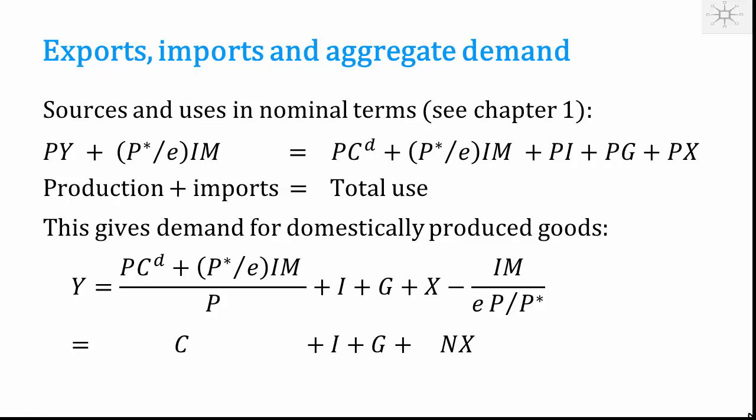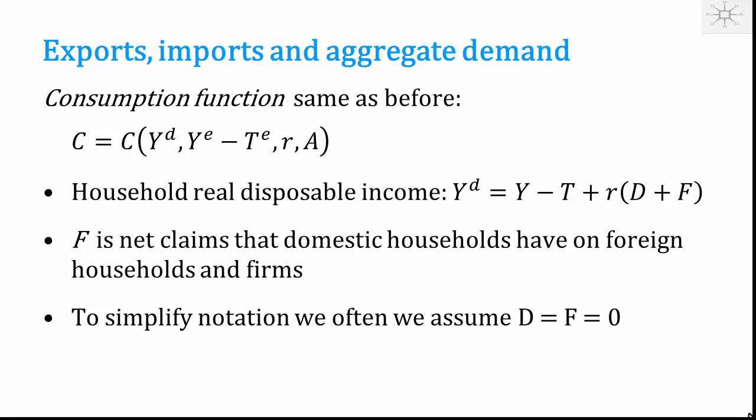So now, in order to determine aggregate demand, we need to determine the consumption, investment, and net exports. So the consumption function is the same as before, and the disposable income is income minus taxes plus the real interest rate on government debt and foreign assets that the household holds.